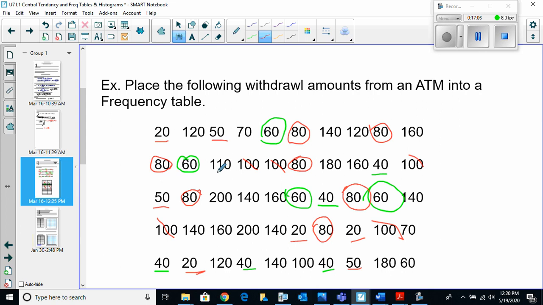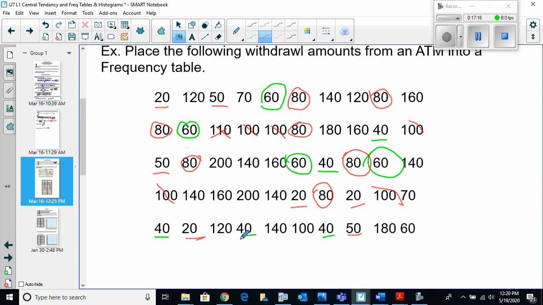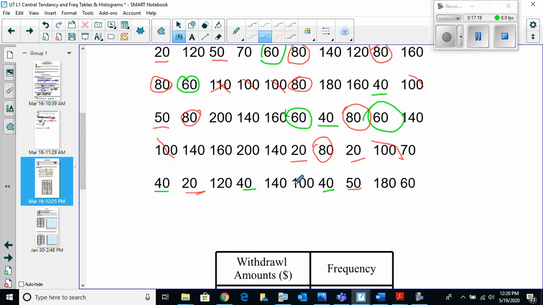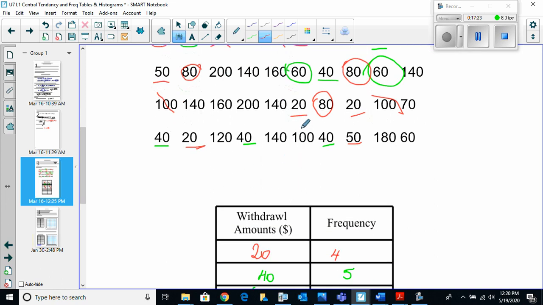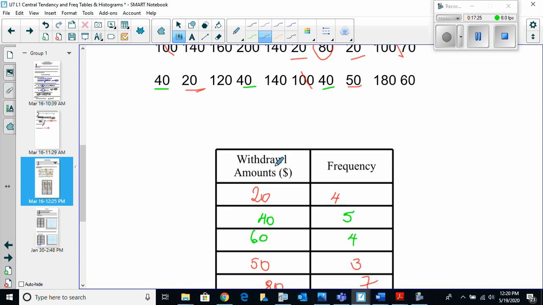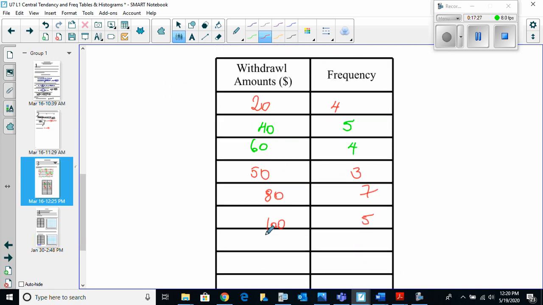Next amount withdrawn is 110. So 110 once. I have one more 100 here. 110 is once, and this is 6.